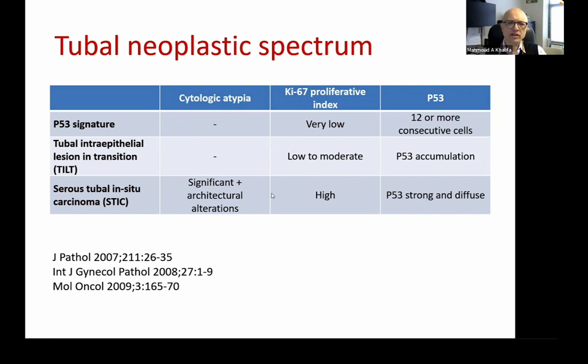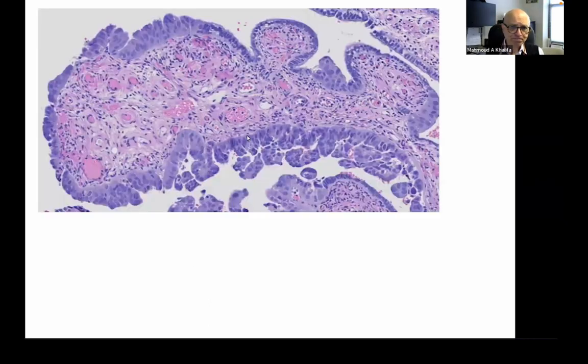And these are the criteria. This presentation has many tables. I leave tables for you, and you can take a screenshot of some of these tables if you think they are useful. Send me an email if you are interested in any of these tables, and I will send them to you. But this is how we sort out any abnormality in the fallopian tube.